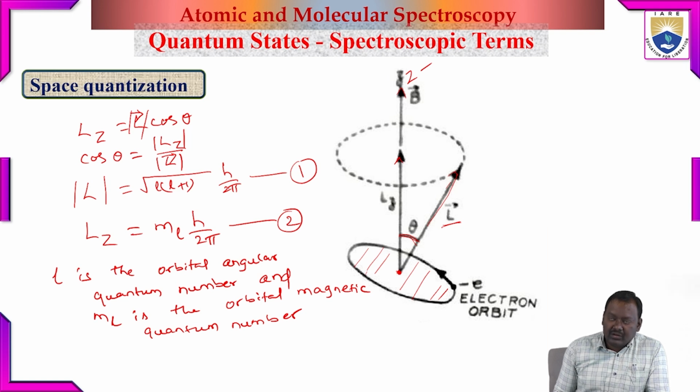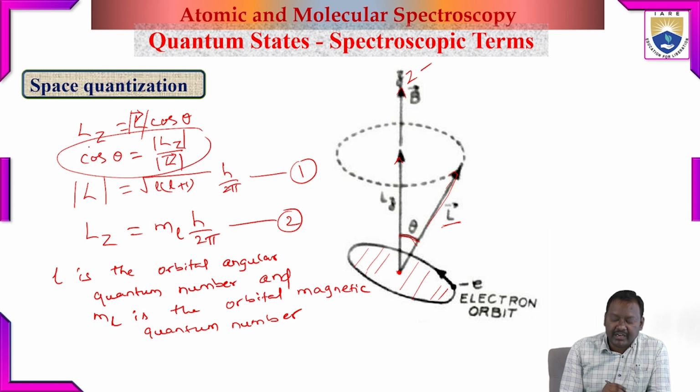So if we substitute the values of magnitudes of L and Lz in this equation, we will get the angle between L and Lz. So let us try to find the angle cos theta, or this theta can be written as L comma Lz.